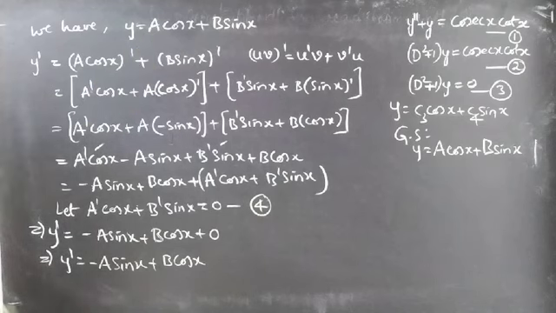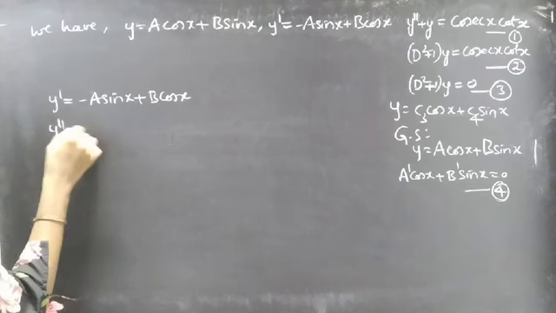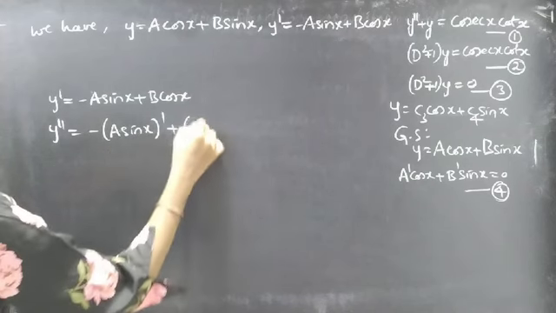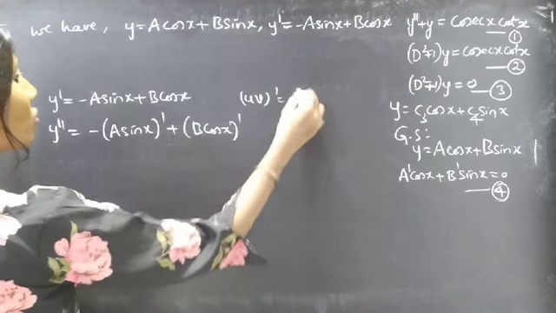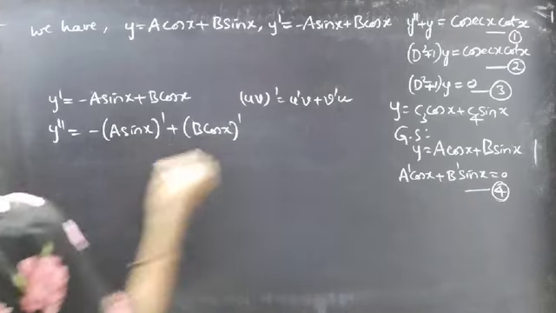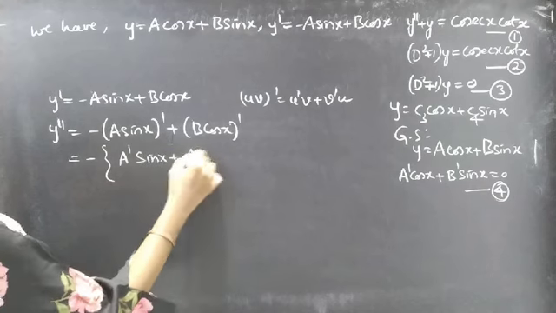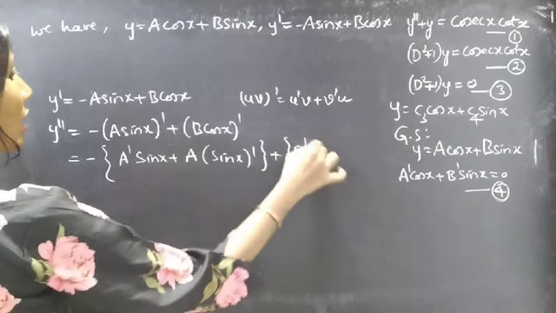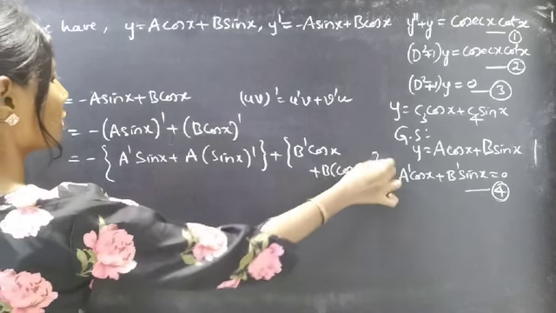Let's now find y double dash, that is the derivative of y dash with respect to x. Now we are having y dash. Let's find y double dash equals (minus a sin x)' plus (b cos x)'. Here also we are going to apply the (uv)' formula, which is u'v plus v'u. This equals minus of a' into sin x plus a into the derivative of sin x with respect to x, plus b' cos x plus b into the derivative of cos x with respect to x.